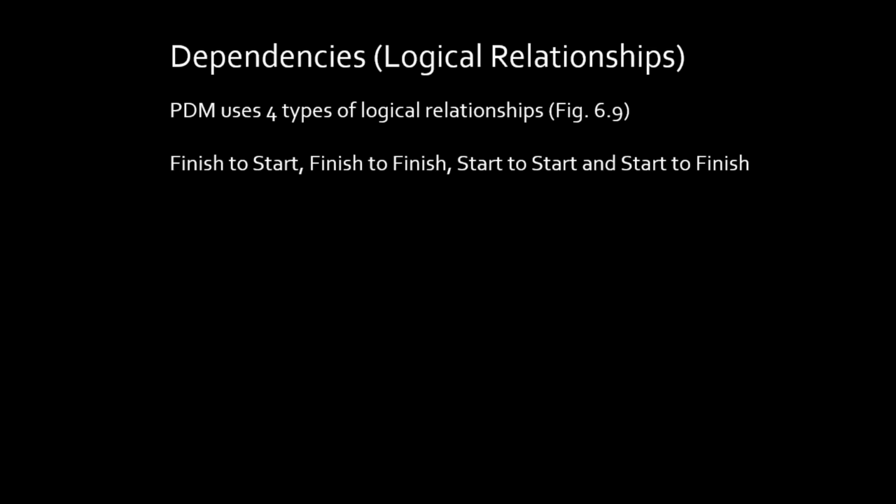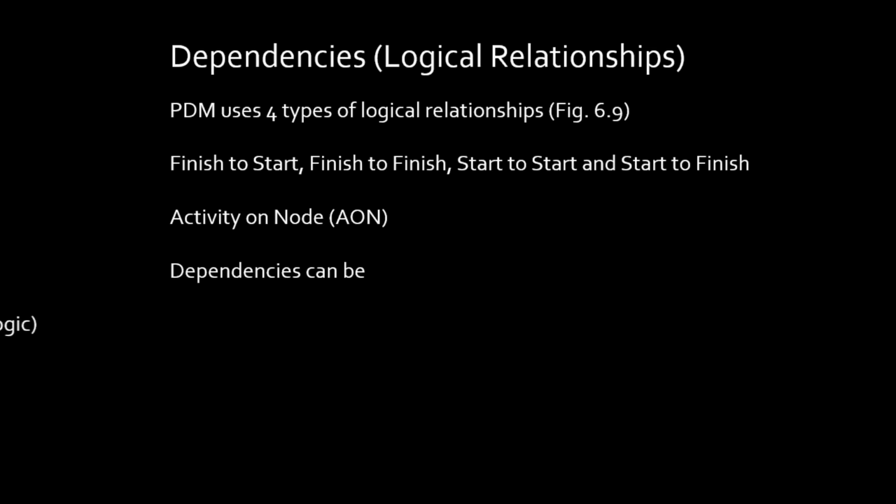These are the 4, and I'm going to show you each of them: finish to start, finish to finish, start to start, and start to finish. And our activities are on node. So in other words, as we're doing our activities in that precedence diagram, we're putting a lot of information right on the node, much like a work breakdown structure dictionary does.